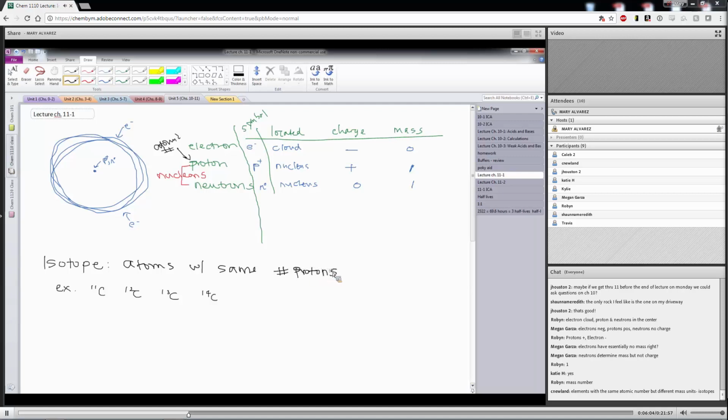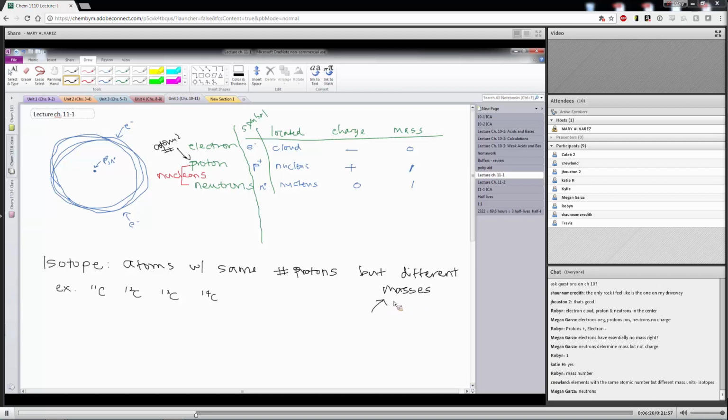Carbon has 6 protons, so each of these would have 6 protons, but different masses. And where would that different mass come from? Different number of neutrons, because the neutrons will contribute to the mass, but not to the identity, because the identity comes from protons. So for instance, carbon 11 then would have how many protons and how many neutrons?